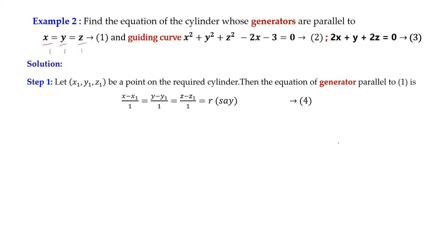So we can easily write out, we want only the equation of the cylinder. This one is given by equations 2 and 3, and any point on it is taken as x1, y1, z1. So a point and DRs or DCs are known, then the equation of this generator line is known, and any point on that can easily be determined, and that will satisfy both the equations.